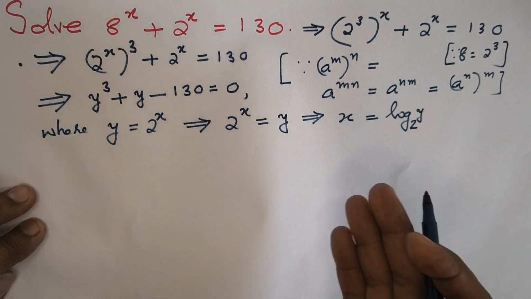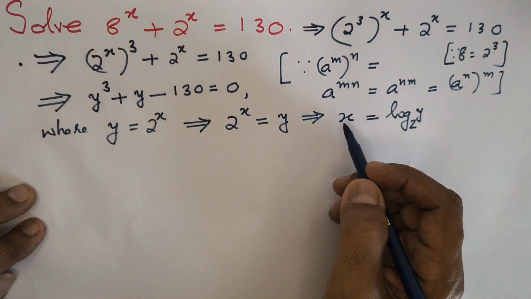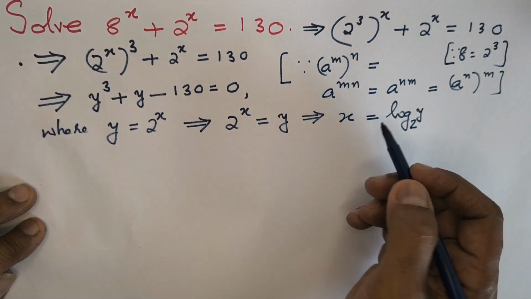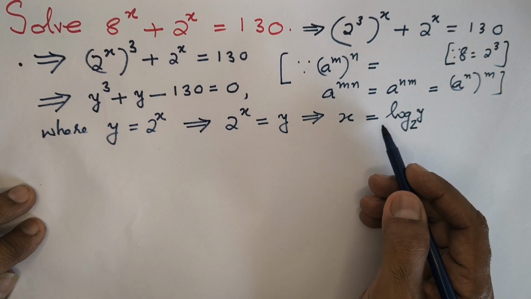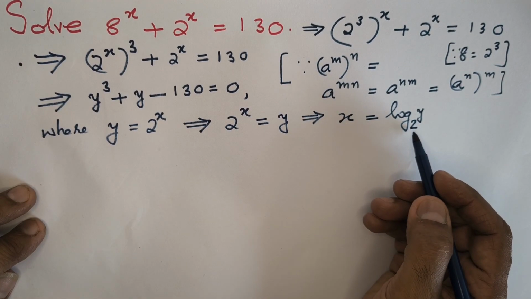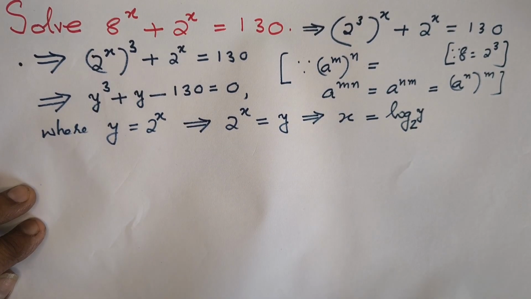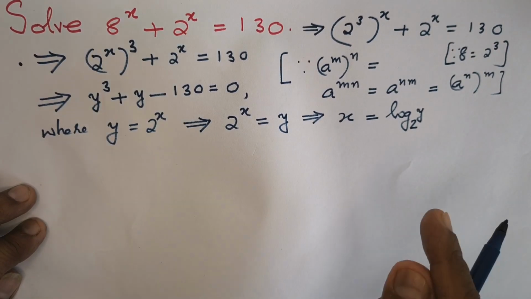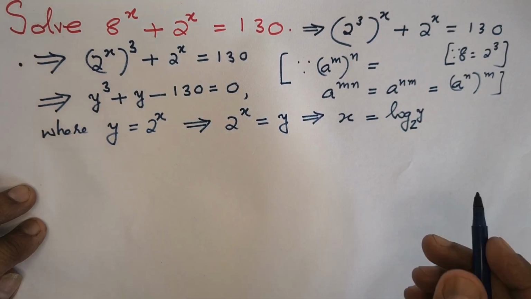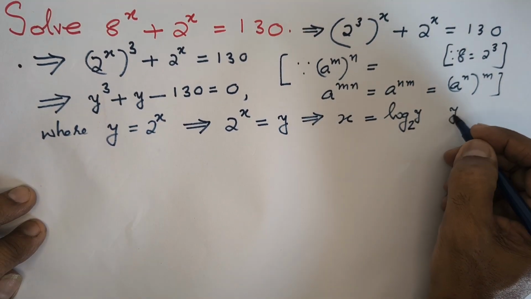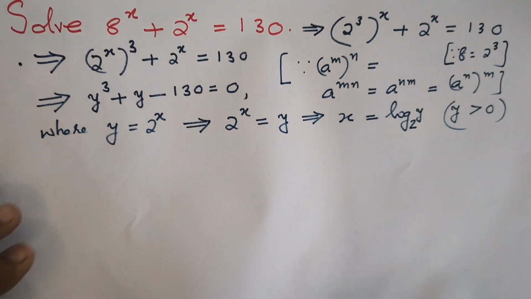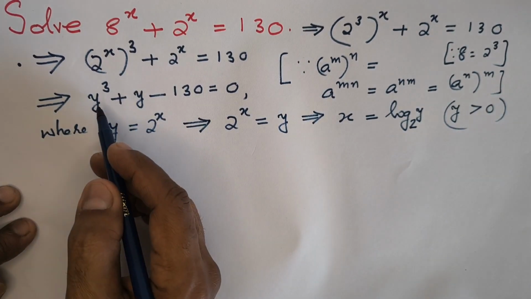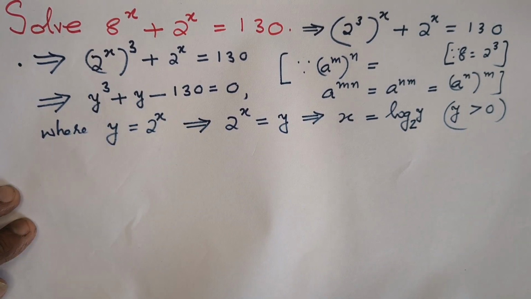Now, there is something you can observe. x is the final variable we are solving for in this equation, and x has now turned into a logarithm of y to the base 2. Now, as you know, logarithm is defined only for positive real numbers, which implies y has to be greater than 0. What does that mean? y is finally something you're going to get from this cubic equation.